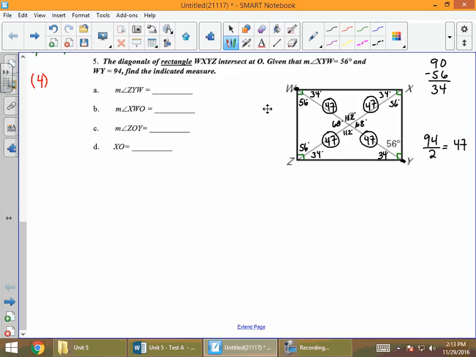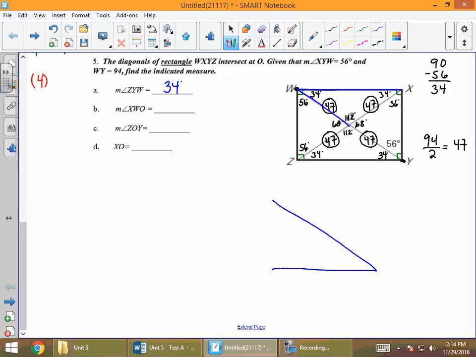So from Z, Y, W. That angle right down there, 34 degrees. Next one is XWO.